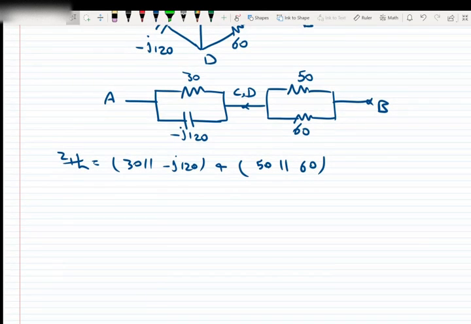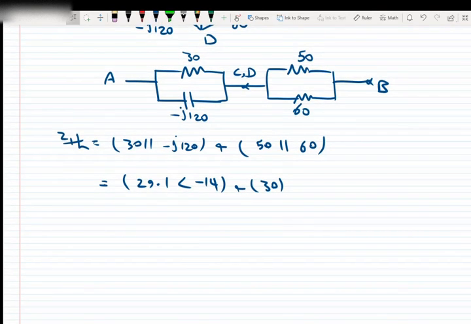Okay, which is equal to 29.1 with the angle of negative 14 plus 30, which is equal to 58.7 with the angle of negative 6.9.